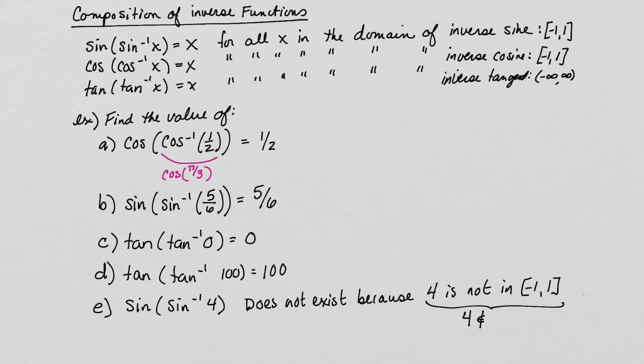So 4 is not in the interval from -1 to 1. That's how you would write 4 is not in the interval from -1 to 1. So giving undefined, does not exist, no solution, any of those works.